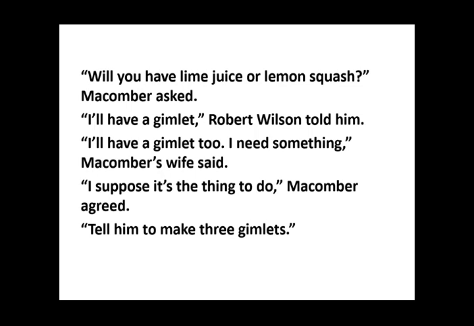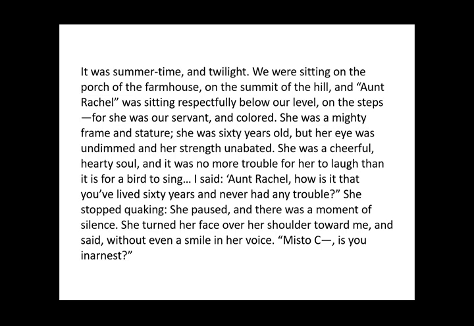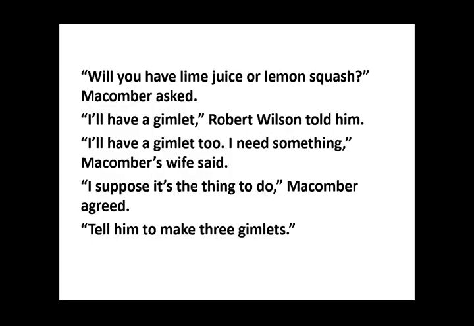This kind of text gives you enough signs, enough clues to think for yourself, without just being told that, for example, she is 60 years old, her eyes undimmed, her strength unabated, she was cheerful. Macomber's wife saying she needs something shows that she has some kind of problem. Macomber seems to have a problem too, like he's not a very strong character, probably, because "I suppose it's the thing to do," and he still asks about things to do.